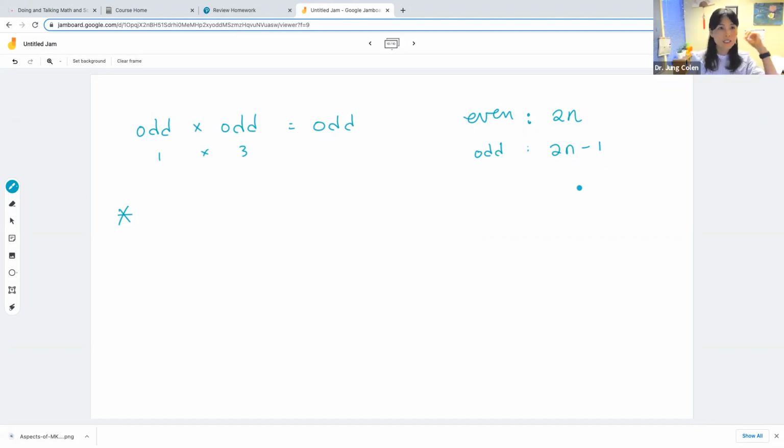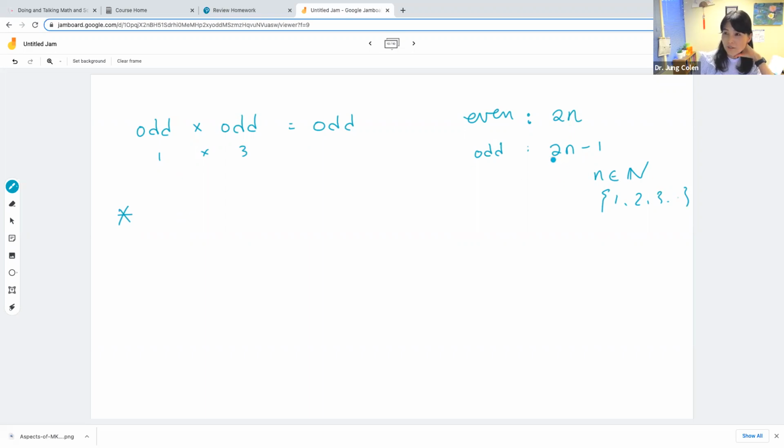It doesn't matter. It depends on whether you are using that n as a natural number or whole number. It's just the difference of that. Okay, so let's say n is our natural number. Then it starts from 1, 2, 3, and so on. So if we plug in 1 there, 2 times 1 minus 1 is 1. So it works, right?